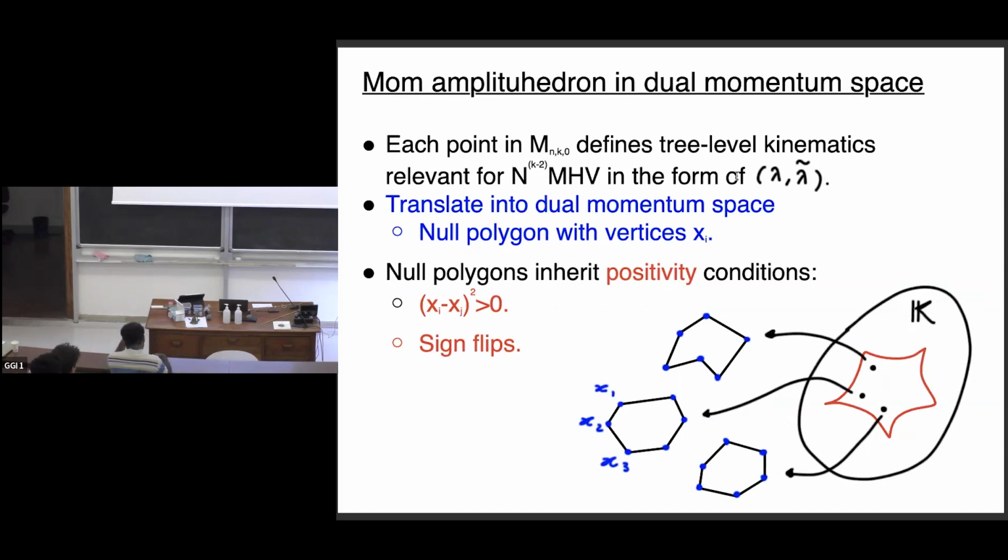I can't remember the precise thing, but what you look at is the distances between some of the xi's with some of the quadruple cuts. And from this, you can read off the K from the null polygon like this.